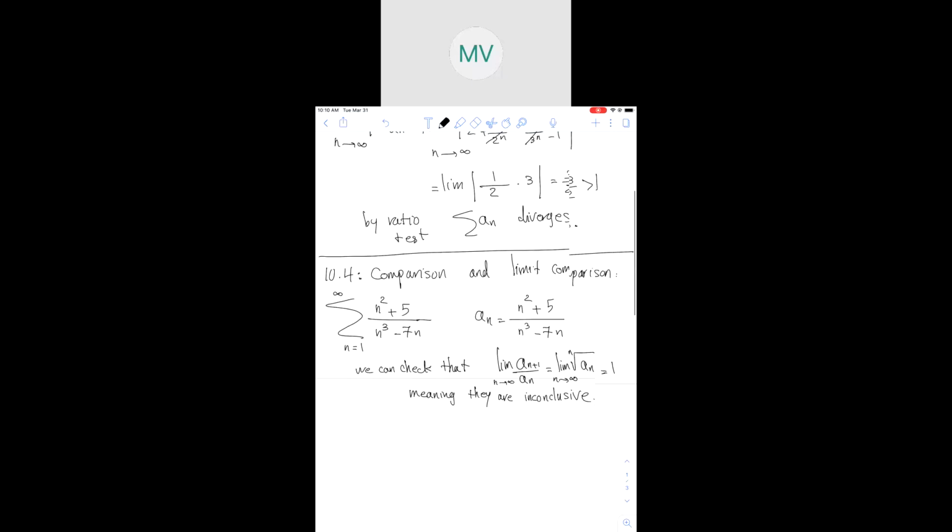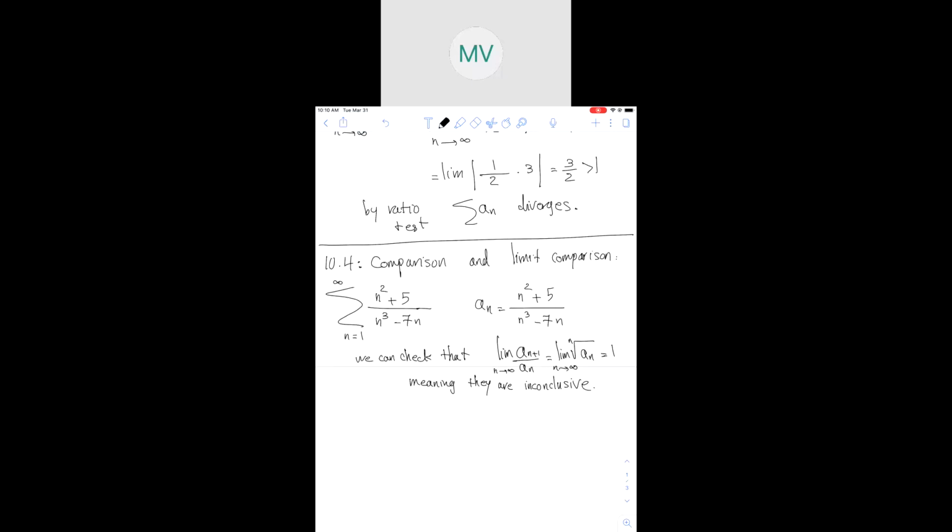I mean, someone might say we can do the integral test. That's true. Okay. So the integral test can be used by simply integrating from 1 to infinity x squared plus 5 over x cubed minus 7x dx.